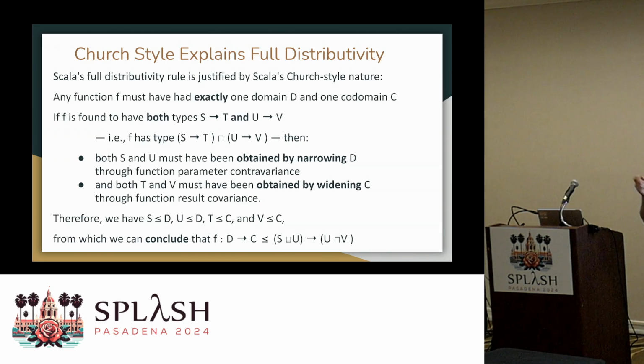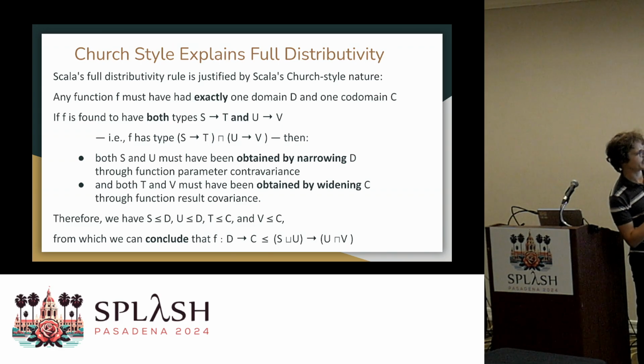Then since it's a single value, and values cannot have multiple unrelated types at the same time, there must exist one single domain and one single codomain that describe this function. And both S and U must have been obtained by narrowing this original domain D through function covariance.